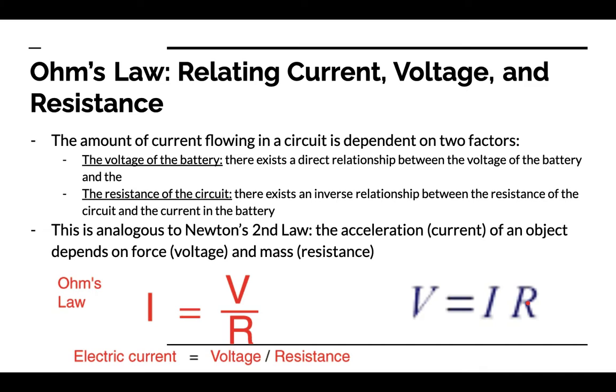And this is analogous again to F equals ma. Voltage would be our force F, current is going to be my acceleration a, and then resistance is going to be my mass m, okay? So this equation encapsulates the relationship between voltage and resistance. In fact, we can see an inverse relationship between resistance and current, and a direct relationship between current and voltage.